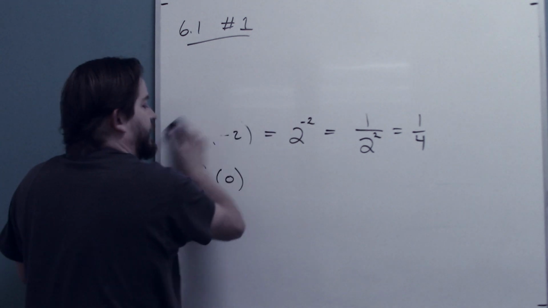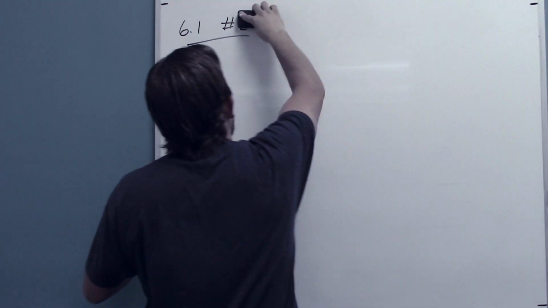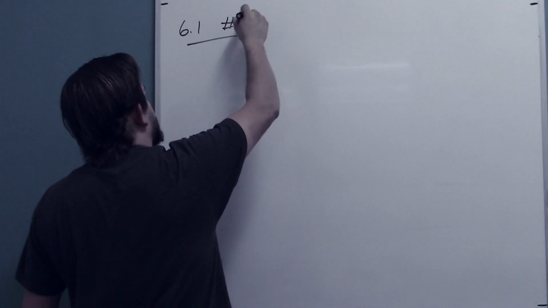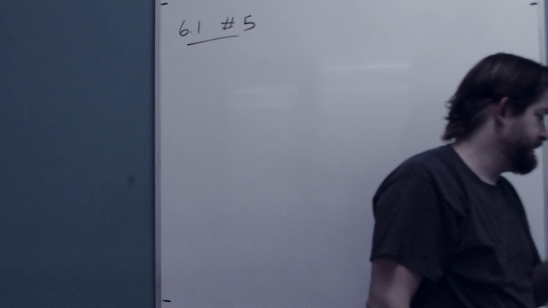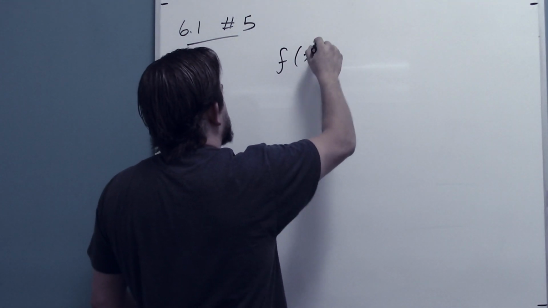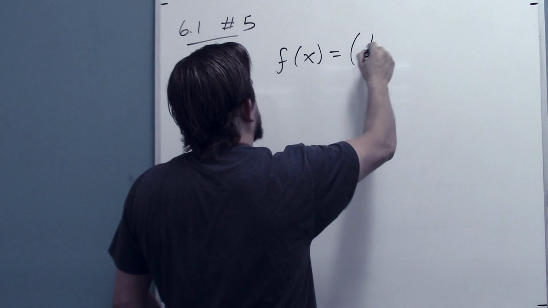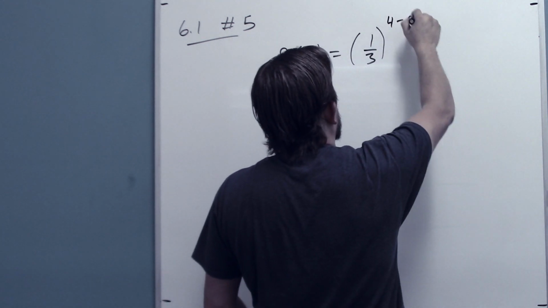Let's take a look at the next one, number 5. Number 5 says that I have f of x equals 1/3 to the 4 minus x.